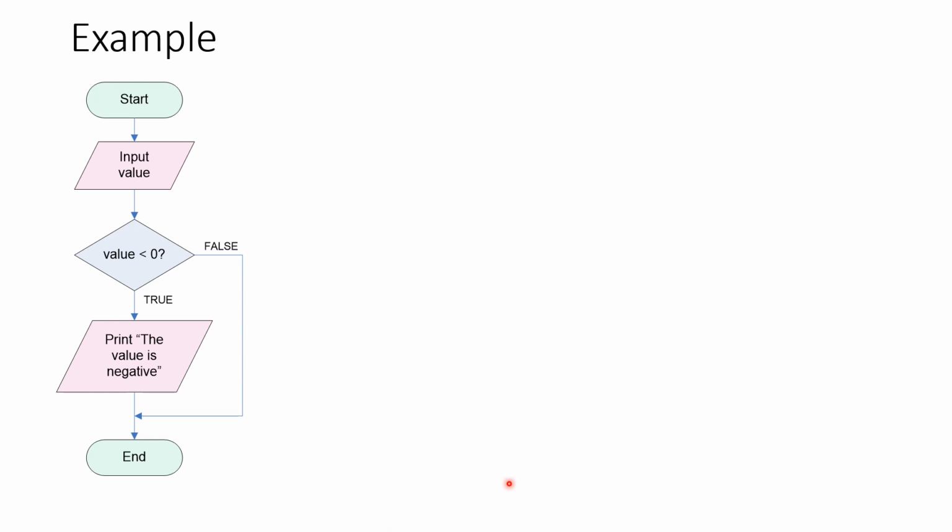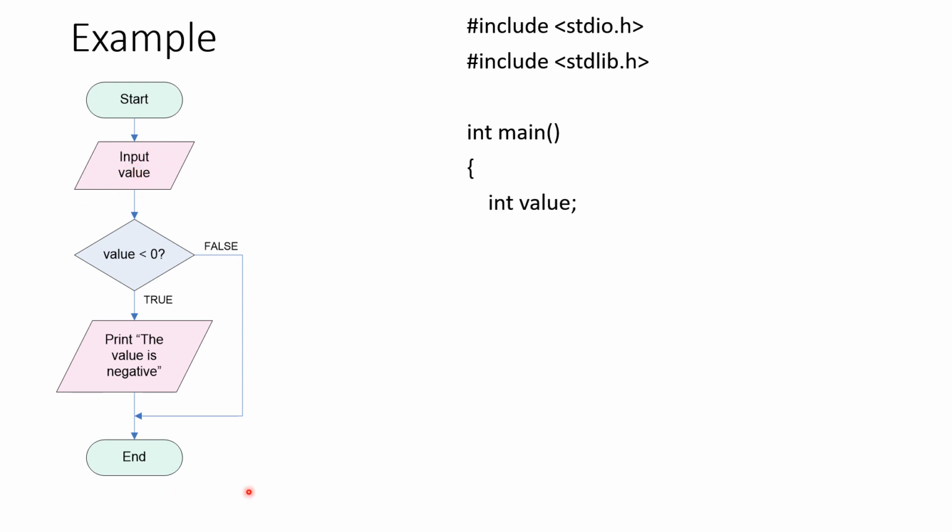Okay, so how does this look in terms of C coding? First of all, the basics: put all the includes and our main function, open with a curly bracket. Since we are going to need an input from the user, we're going to create a variable.